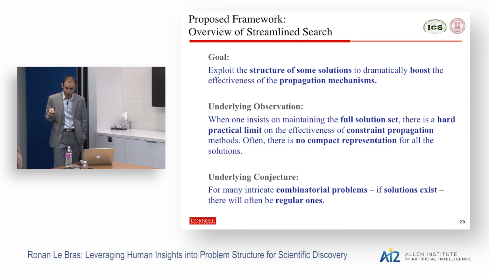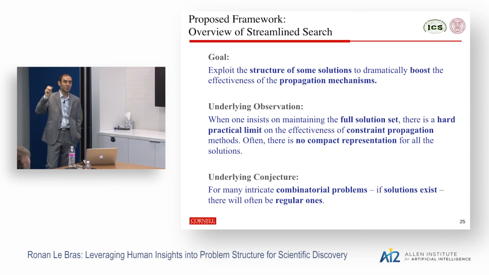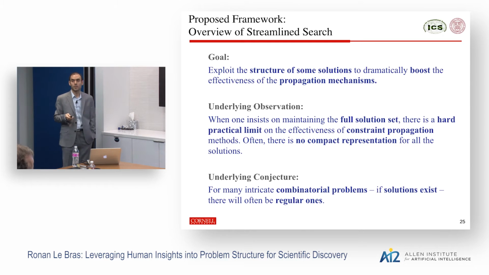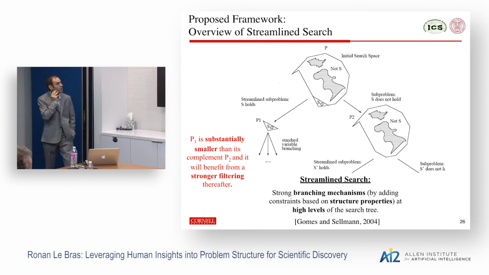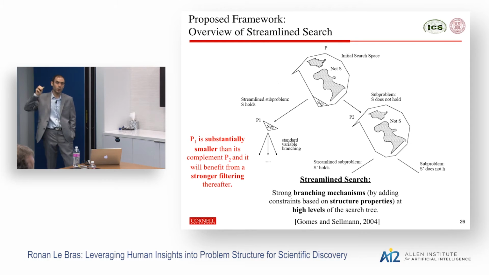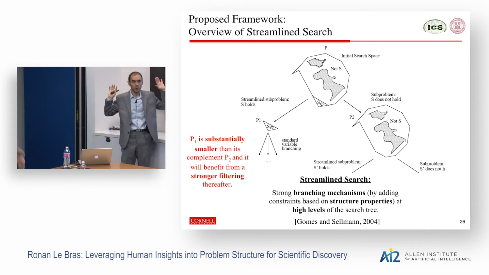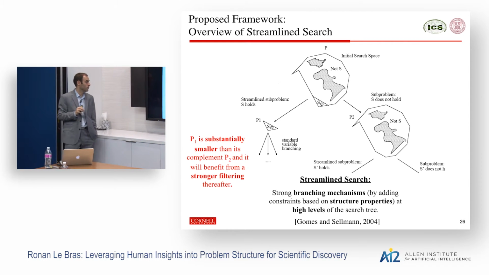And the other underlying conjecture is that often in many different combinatorial problems, if there are solutions, there are some solutions that are regular, that have some additional structure to them, and that's what we'll focus on using streamlined search. So streamlining is a strong branching mechanism pretty high in the search tree, where you discard a lot of the search space by focusing on a much smaller solution space.